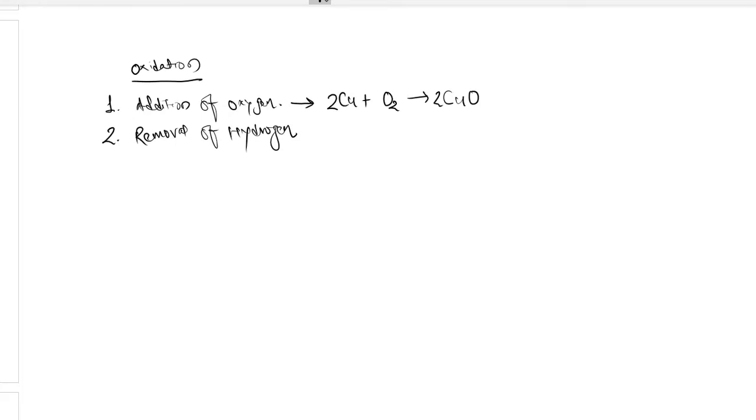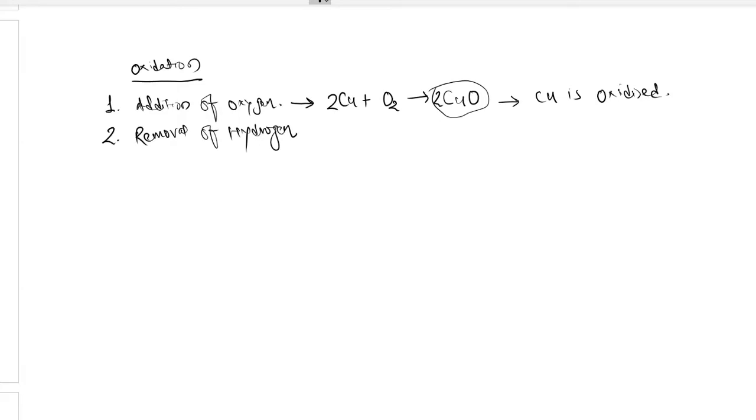Oxygen and copper were added together, and the product was copper oxide. So we can say that copper is oxidized. Why is copper oxidized? Because oxygen was added to it. So addition of oxygen is oxidation.